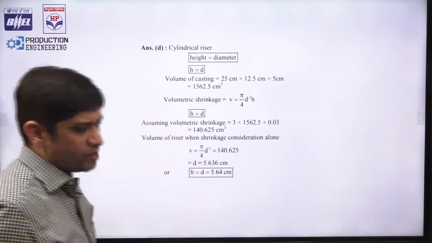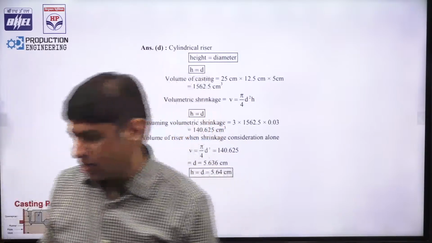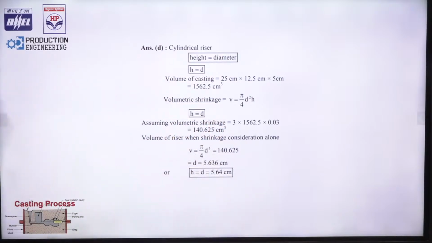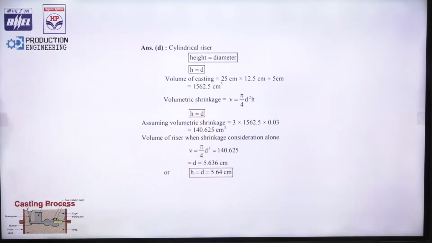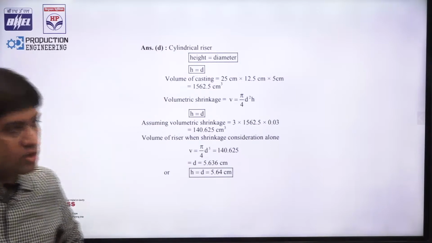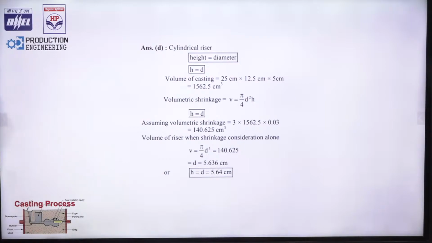Keep doing a lot of practice, and you should be aware from where he can ask you a question in casting. So the total volume of the casting is given, 1% of that can be shrinkage, and a particular size can give you the shape of the riser, and the riser is given of a particular shape.